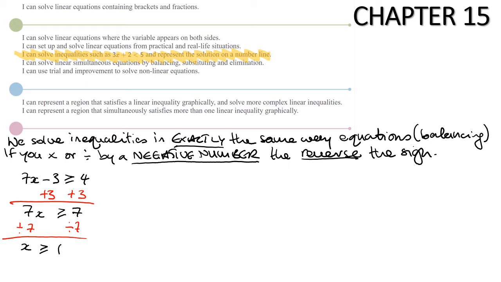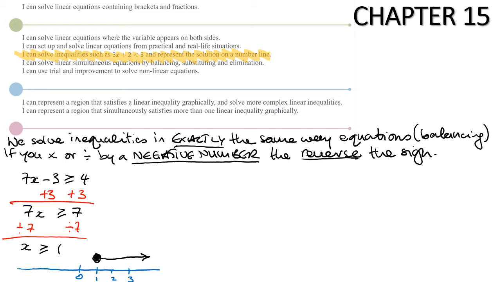Now we can show this on a number line. So if I were to draw a number line like this, and I put 0, 1, 2, 3 like this, on the number 1 I'd have a coloured in circle and I'd have an arrow to show this carries on that way for all the numbers greater than or equal to 1.